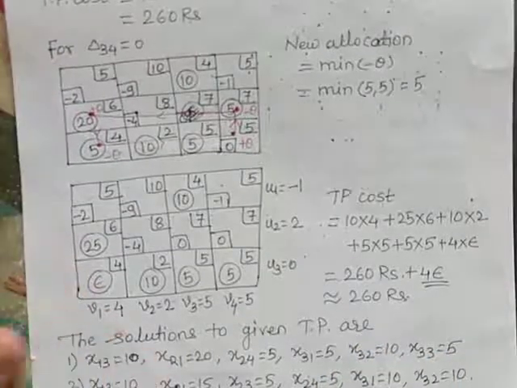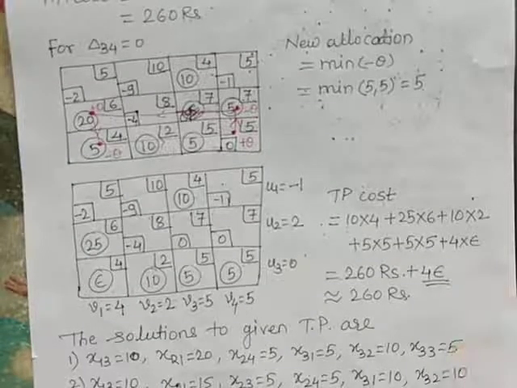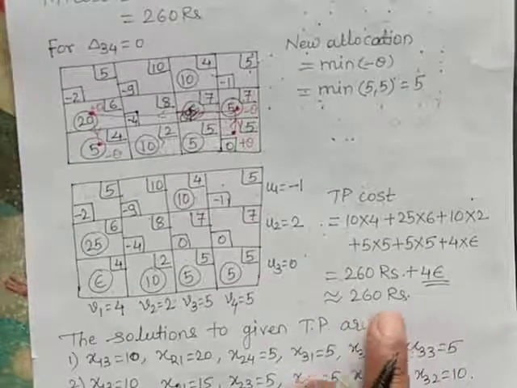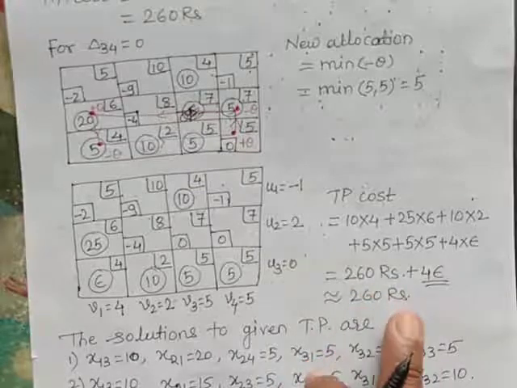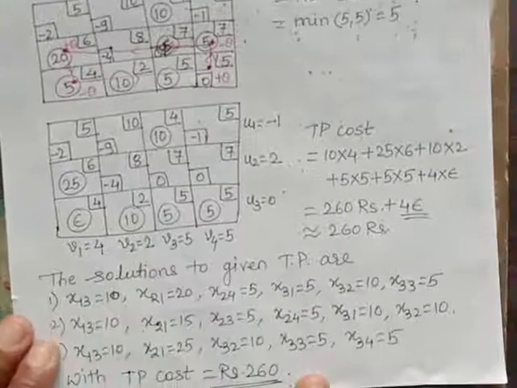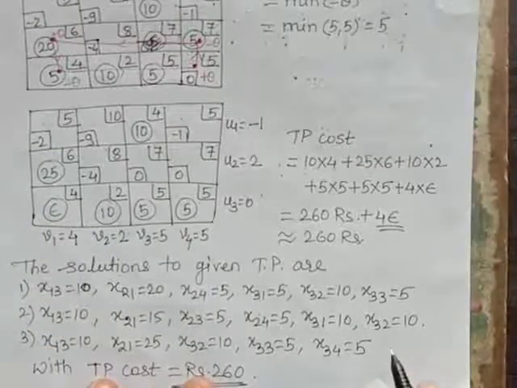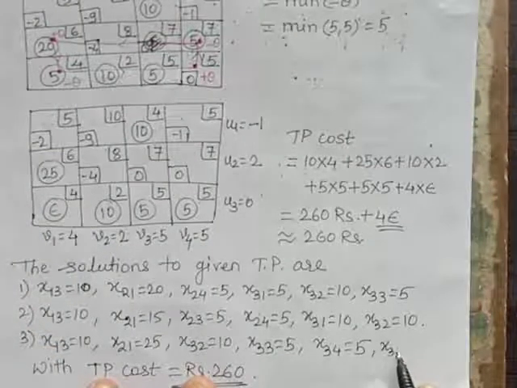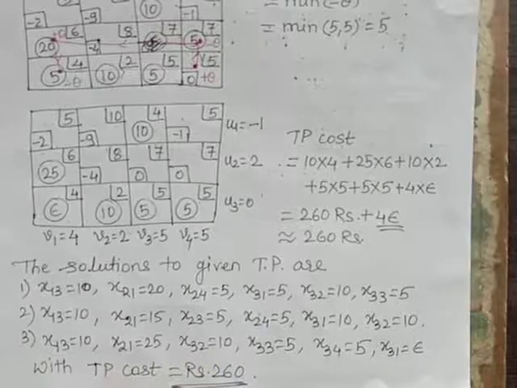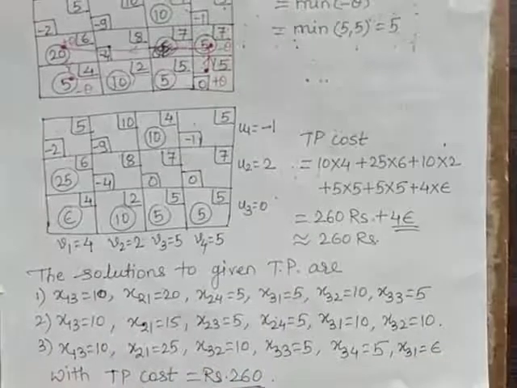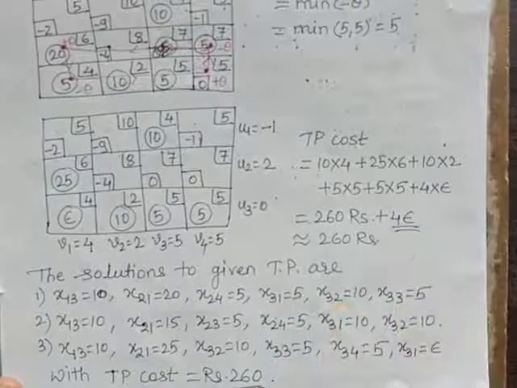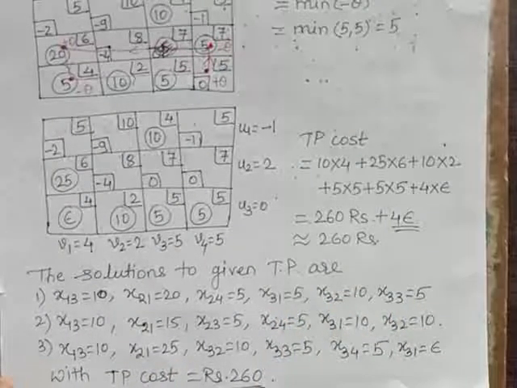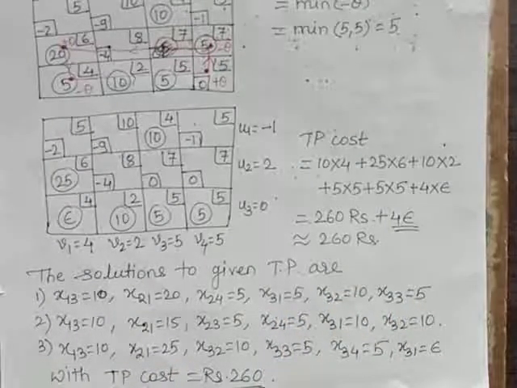So neglect it, simply take the round figure, that will be 260. So here I can write x31 is equal to epsilon. Or if we don't write it, it doesn't affect. Then it will become non-degenerate, and we can check whether it is optimal or not. So this is about the alternate solution case.